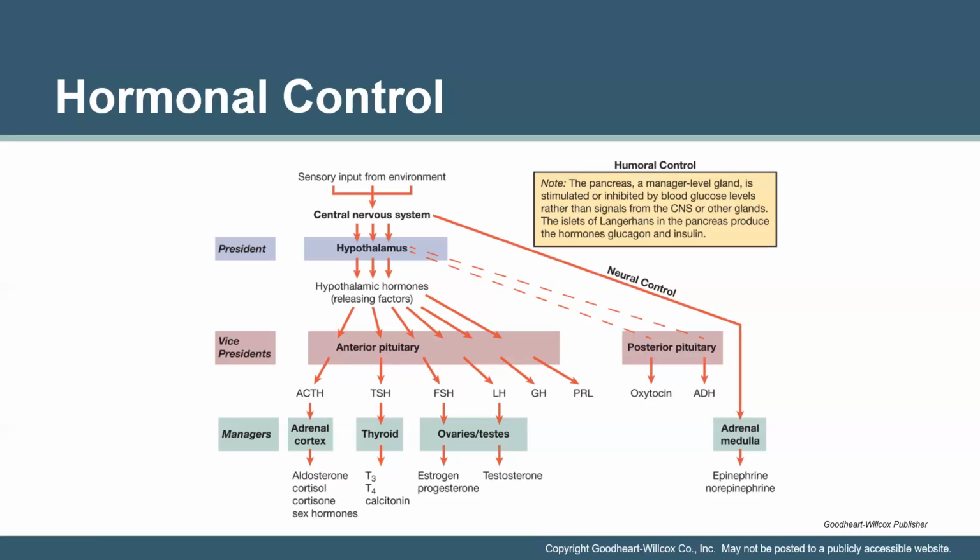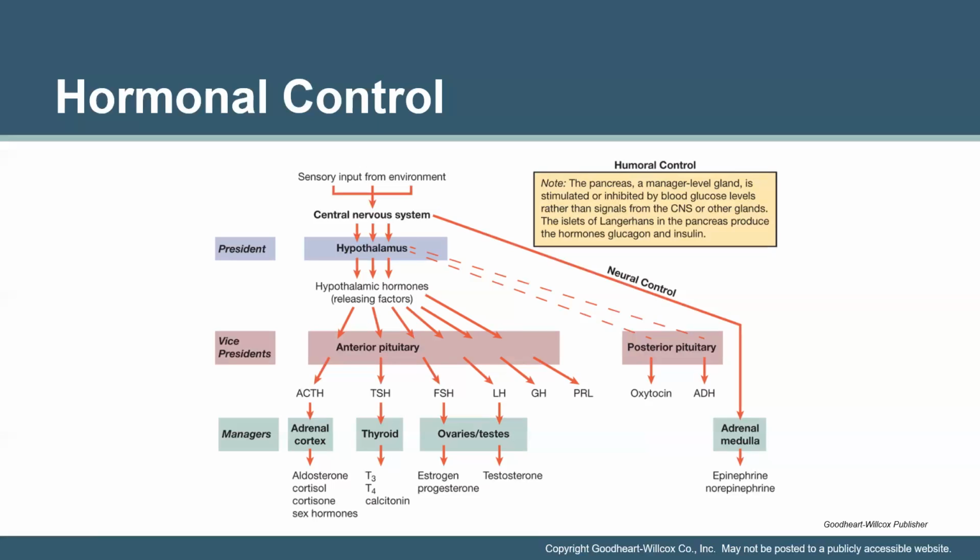So the hormones of your anterior pituitary, we'll talk about these a little bit more in a second, are ACTH, TSH, FSH, LH, GH, PRL. The 2 hormones of your posterior pituitary are oxytocin and ADH.